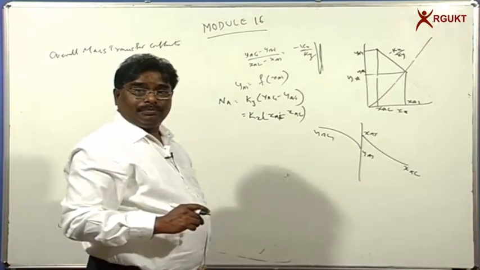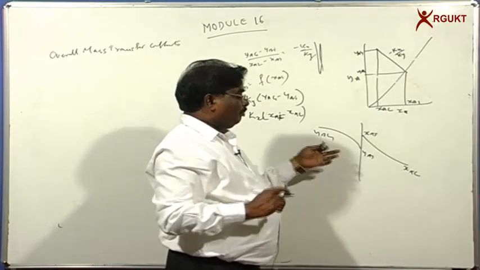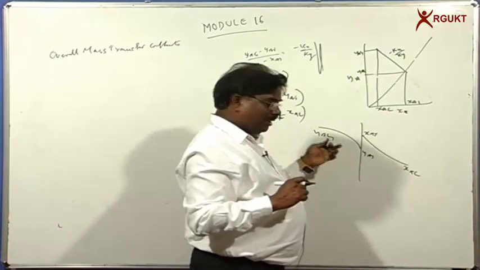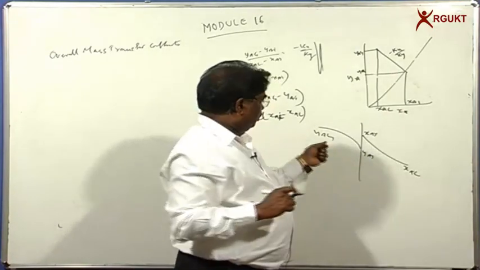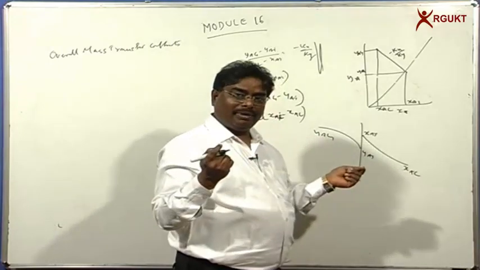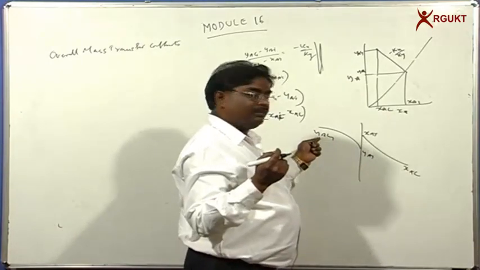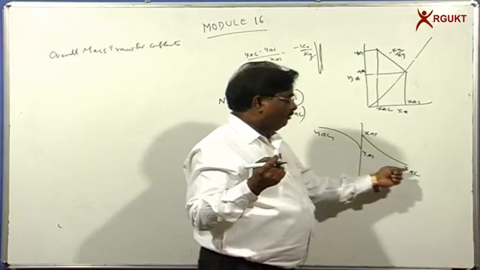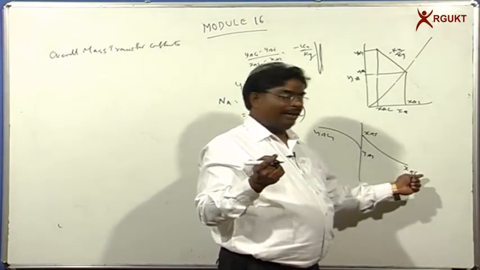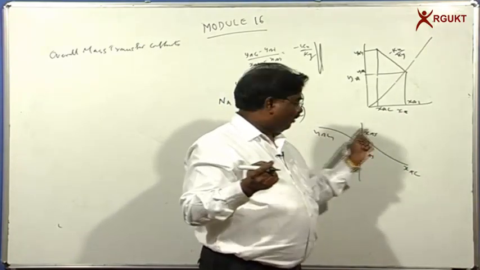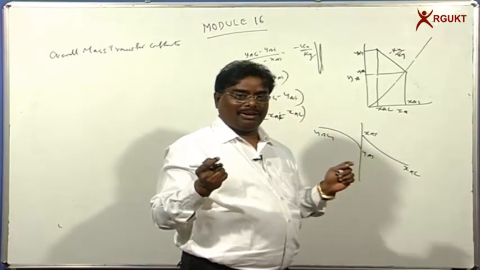Then what do we have to do? We have to measure the concentration. Measuring the concentration means you can take some sampling device, take the fluid in the bulk of the gas and the fluid in the bulk of the liquid, so we get the YAG value and the XAL value.